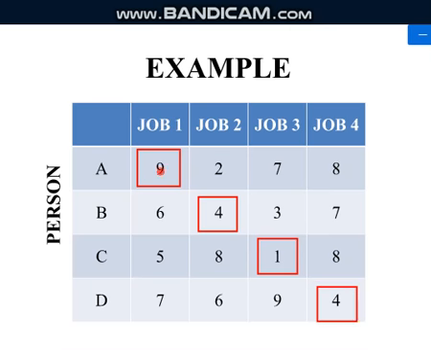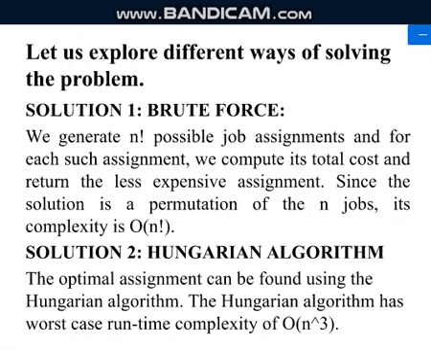So now tell me, what is the cost, total cost? 9 plus 4 plus 1 plus 4. The total cost is 18. Isn't it? The total cost is 18. So if I want to get the solution, I have different possible ways to get the solution. Okay. So let us see which one is best suitable for this particular problem.